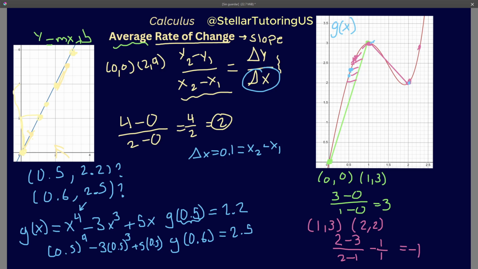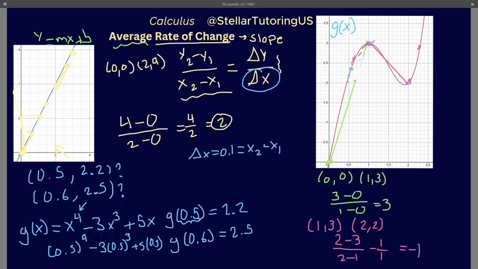The point between here and here, we draw our little line, and I already drew a line. Actually, let's clean that up a little bit. Between here and here. Let's do our good old slope formula.